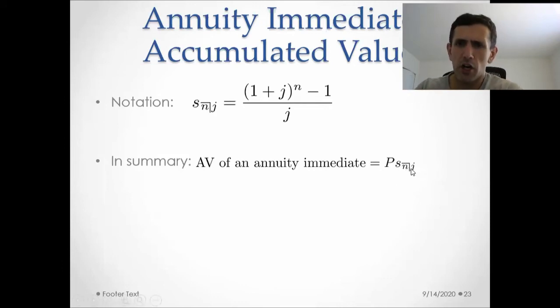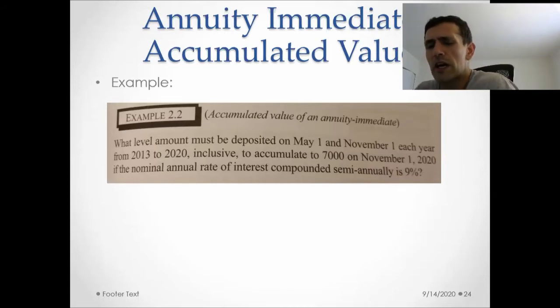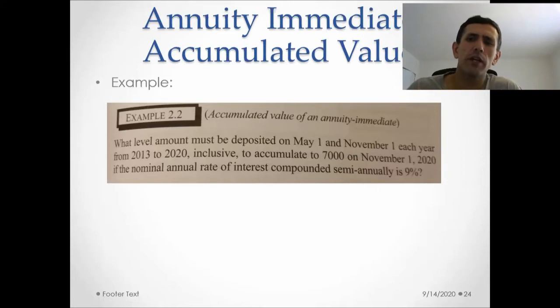All right. So let me immediately dive into an example. We have level deposits on May 1st and November 1st each year from 2013 to 2020. And we want that to accumulate to $7,000 on November 1st, 2020. And we want this to happen if we have a nominal semi-annual interest rate of 9%.